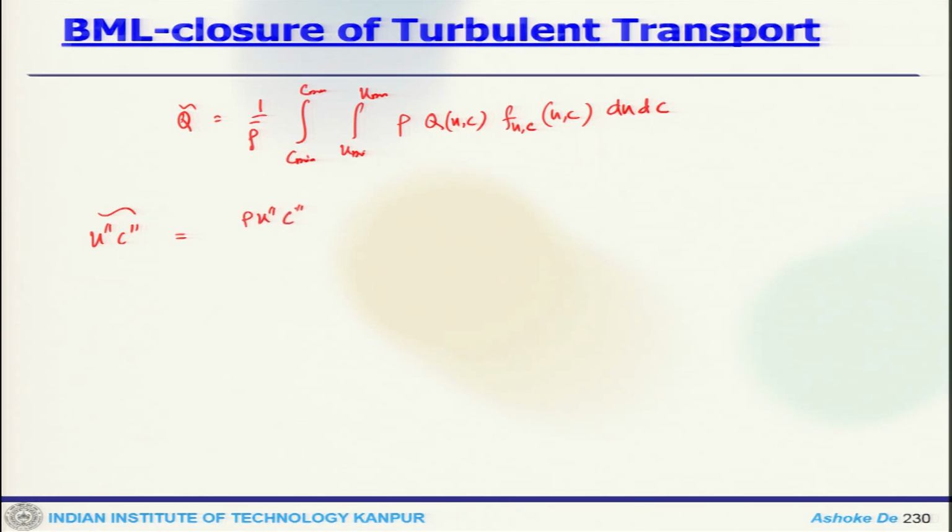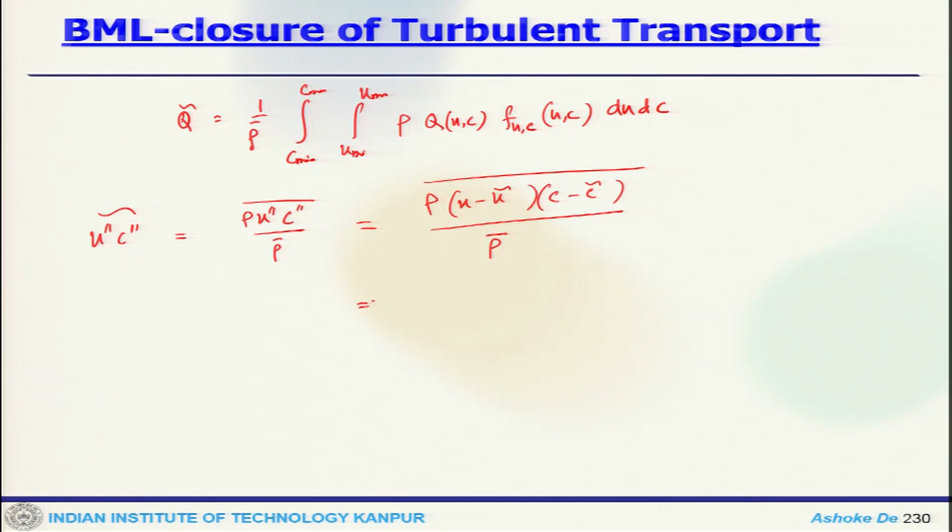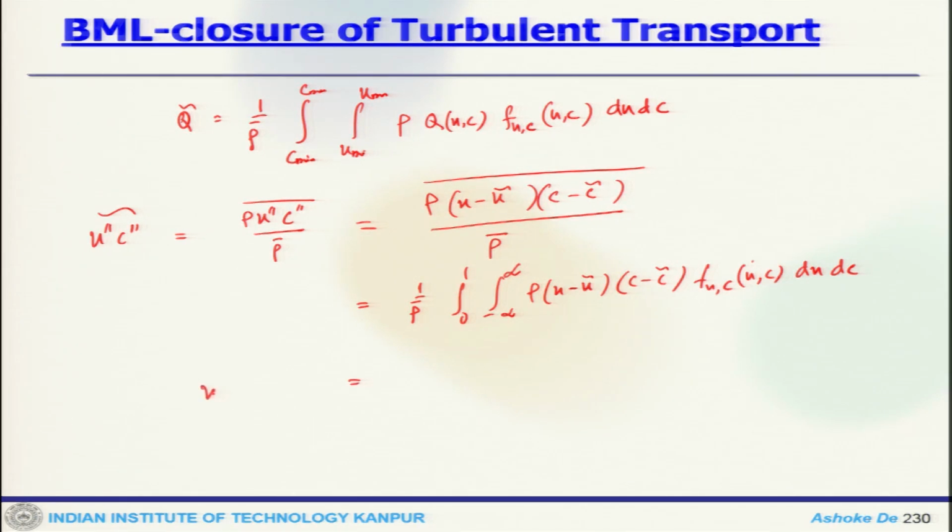rho u bar C bar by rho bar, which is rho (u minus u bar)(C minus C bar) divided by rho bar, which is 1 by rho bar, integral 0 to 1, minus infinity to infinity, rho (u minus u bar)(C minus C bar) F of u, C du dC, which will get you finally that C bar (1 minus C bar)(u b minus u u) minus this.